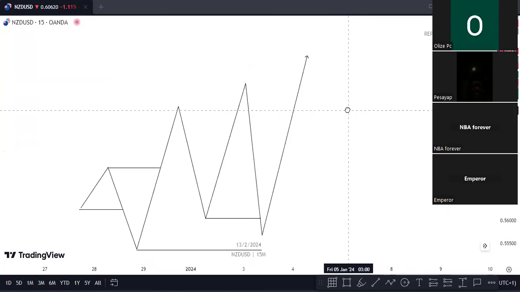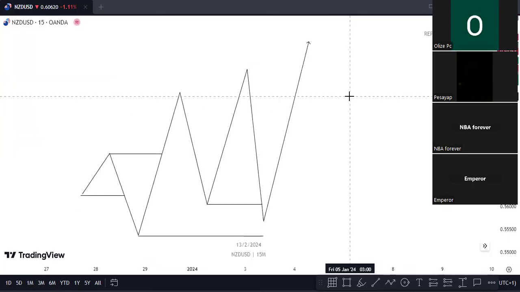So far so good about these three types of liquidities? Hello. Hello, boss, we can hear you. Yes, I said, so far so good about these three types of liquidities.